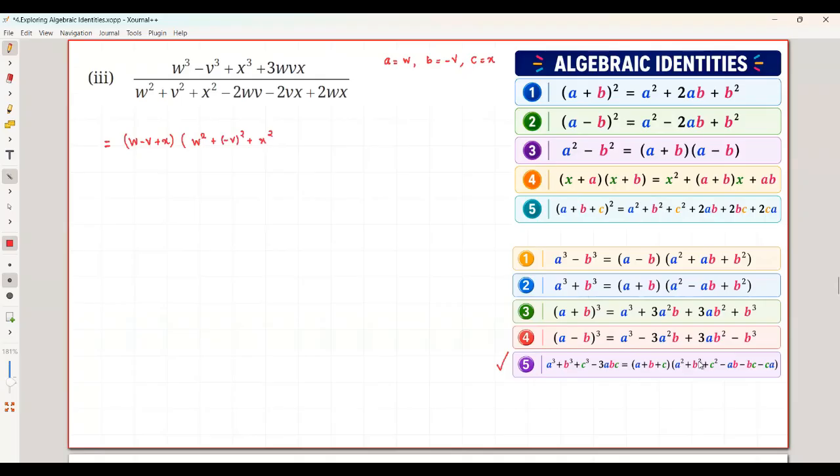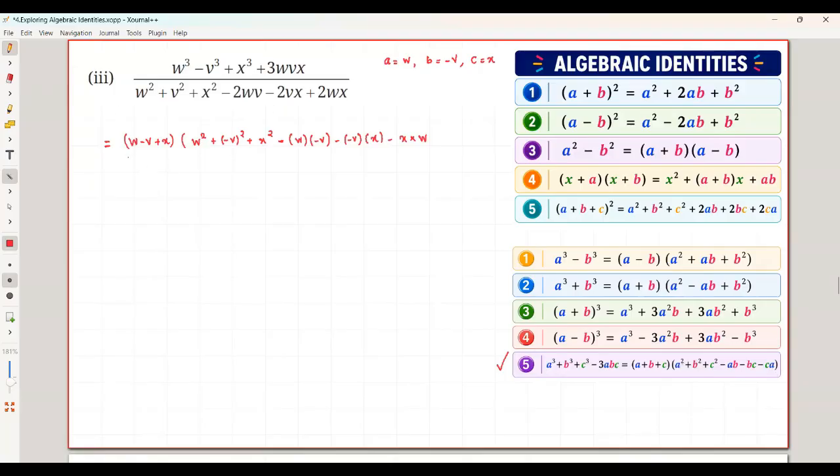Minus ab, that is w into minus v; minus bc, that is minus v into x; minus ca, that is x into w. We just expand using this formula: a plus b plus c into a square plus b square plus c square minus ab minus bc minus ca.